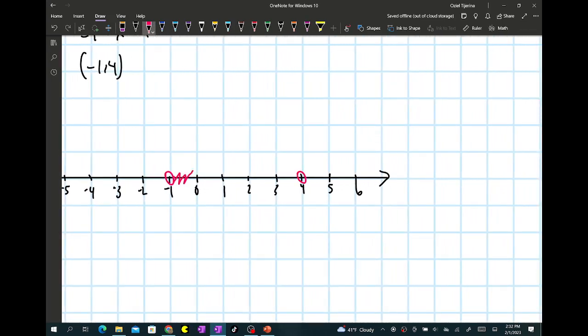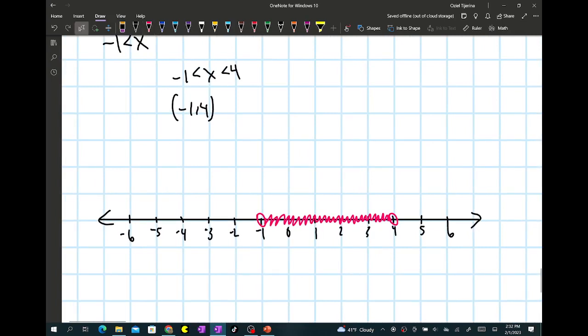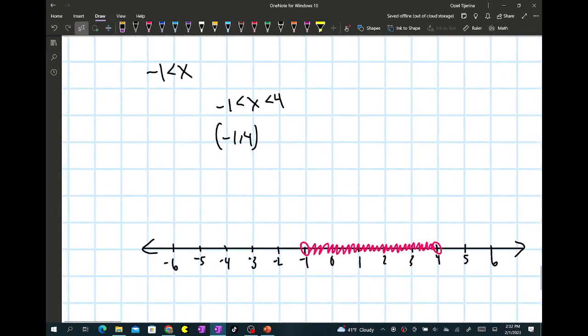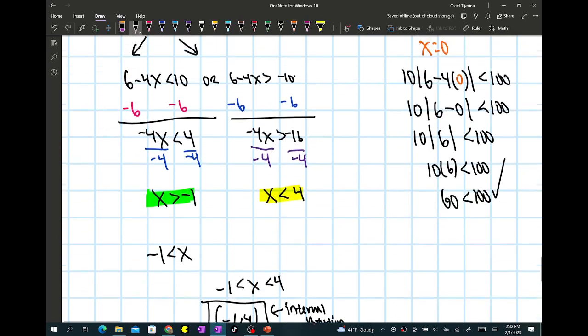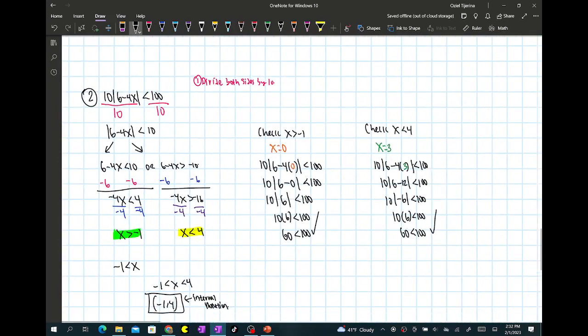And all you have to do is just shade the numbers in between. That is how you would graph it on the number line, and this is how you would write it in interval notation, okay? So that is how you would do that one.